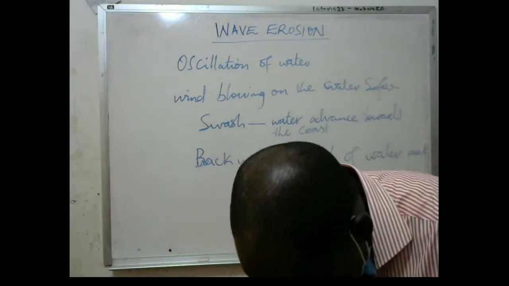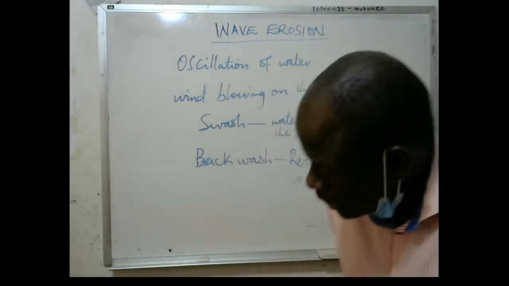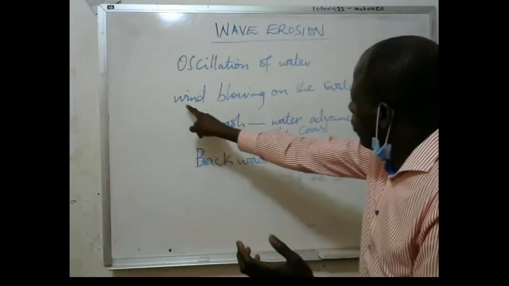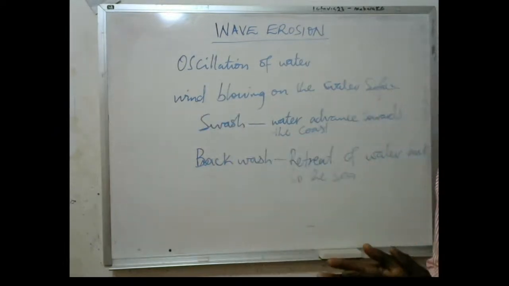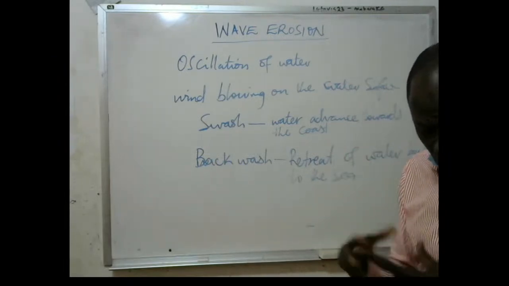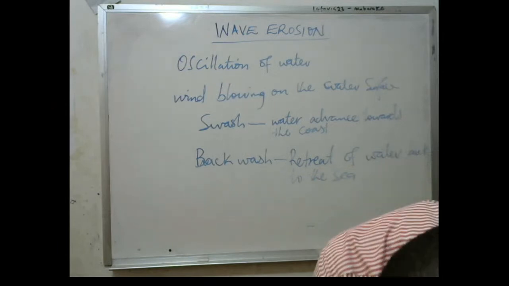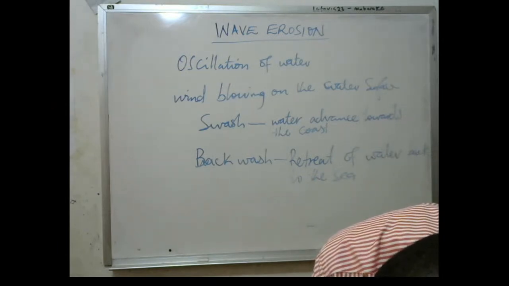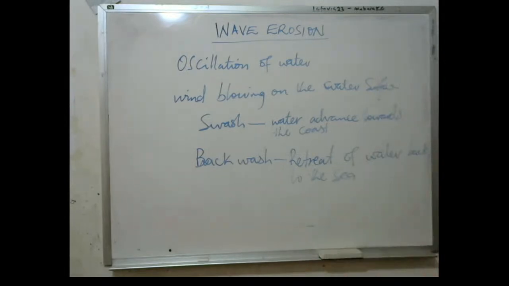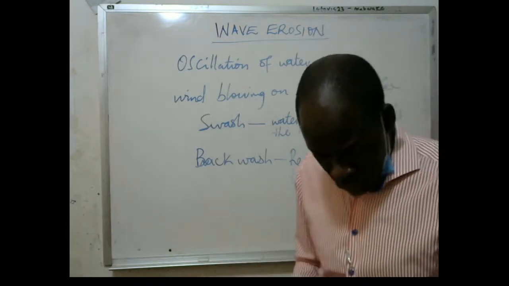Now, we say that waves are caused by wind, but in some cases we can also have waves occurring because of other factors. I can point out two major causes of waves other than wind blowing over the water surface.